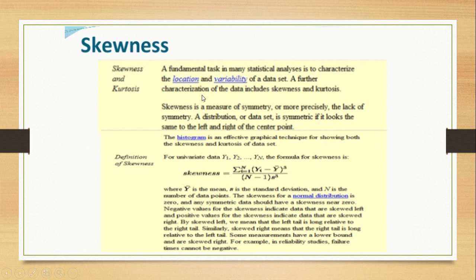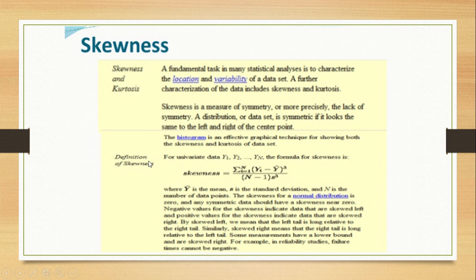Further characterization of the data includes skewness and kurtosis. Skewness is a measure of symmetry, or more precisely, the lack of symmetry. A distribution or dataset is symmetric if it looks the same to the left and right of the center point. The histogram is an effective graphical technique for showing both the skewness and kurtosis of a dataset.